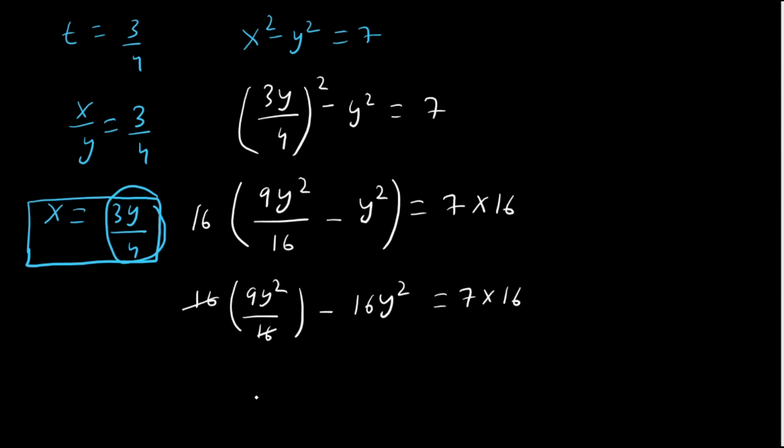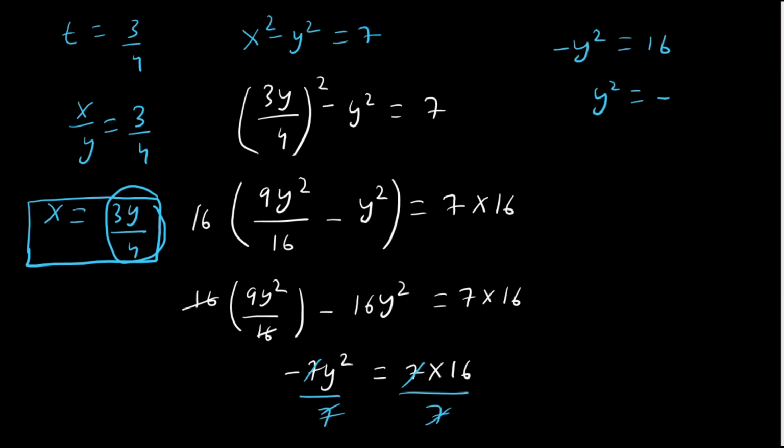Then this 16 and this 16 cancel out, and 9 times y square minus 16 times y square, that is minus 7 times y square, is equal to 7 times 16. If we divide both sides by 7, then the 7s cancel out. Then minus y square is equal to 16, and y square is equal to minus 16.